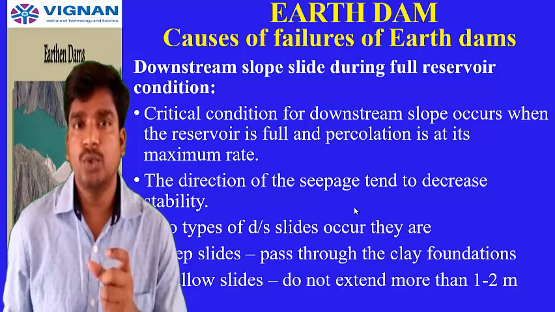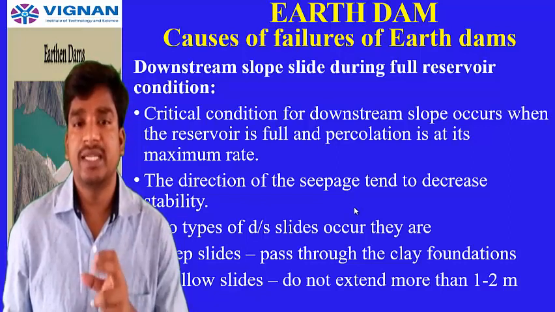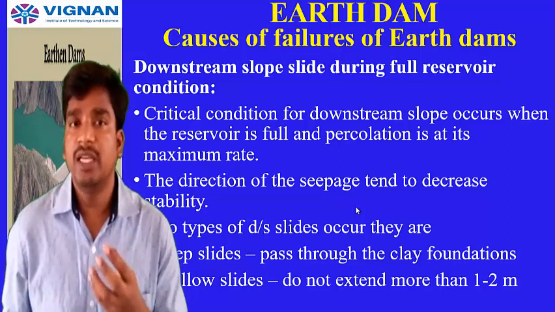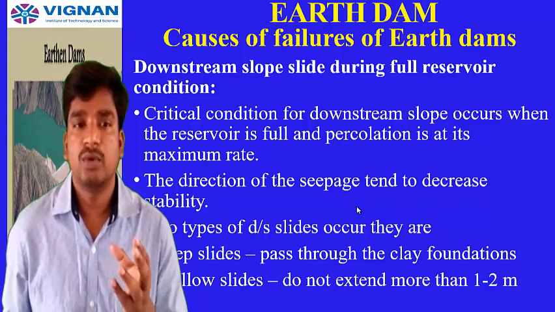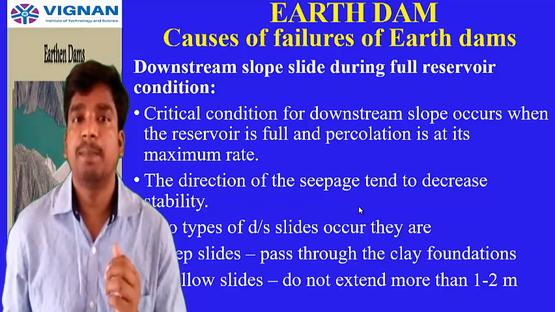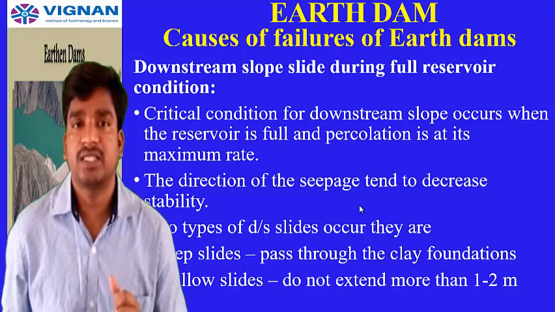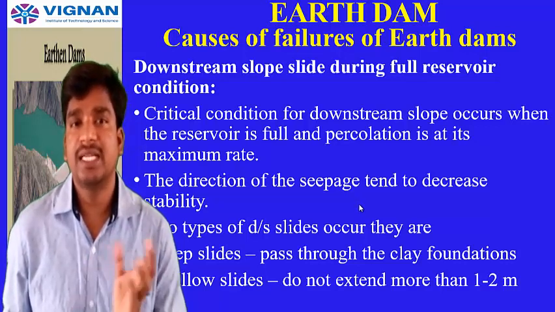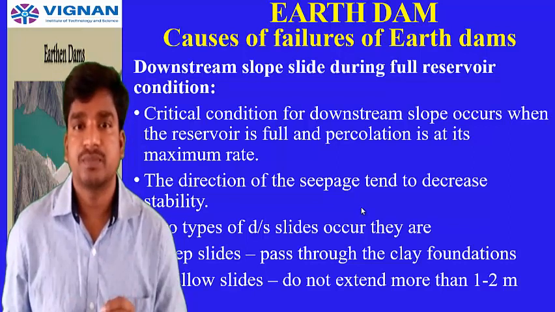The toe of the dam may fail when the reservoir is full and percolation is at the maximum rate. Under these two conditions, the toe of the dam may get eroded.